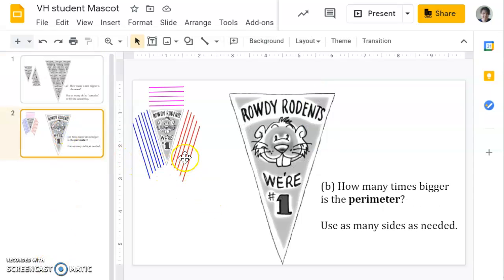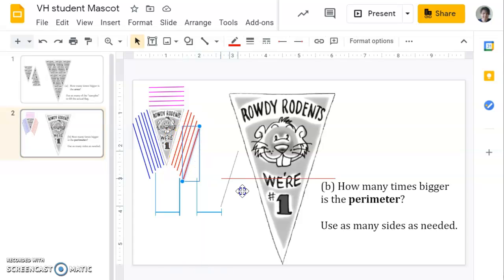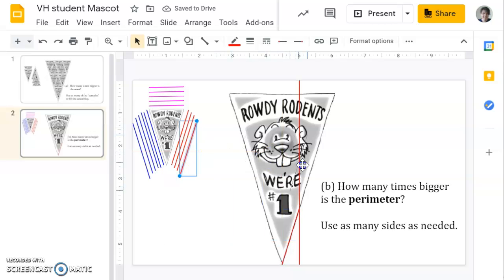Let's explore perimeter. This is the length, so we can move each one of the lengths. That's 1 red, the original length, and that's 2, and that's 3.